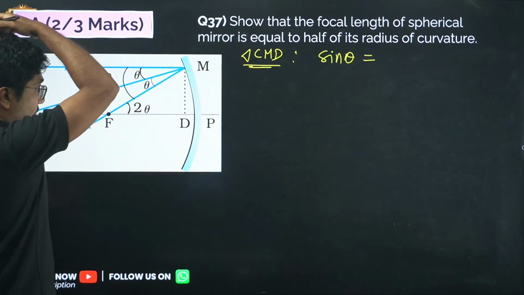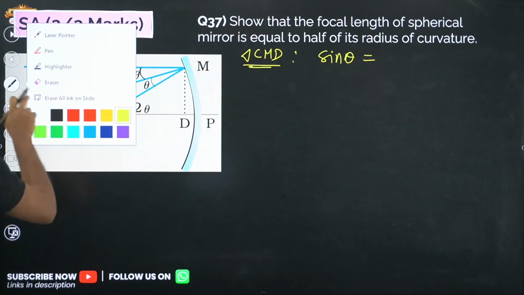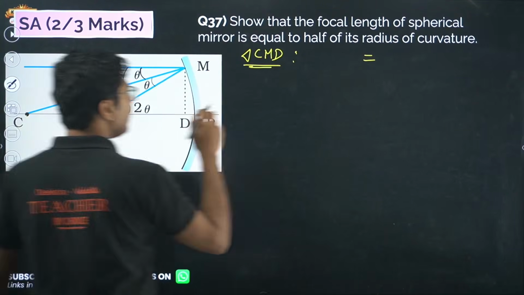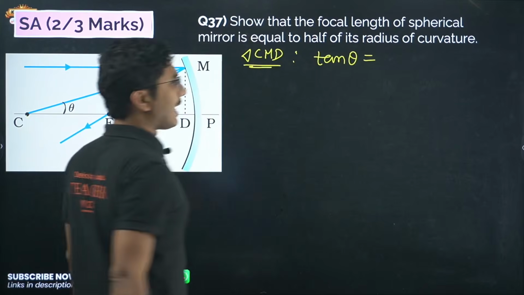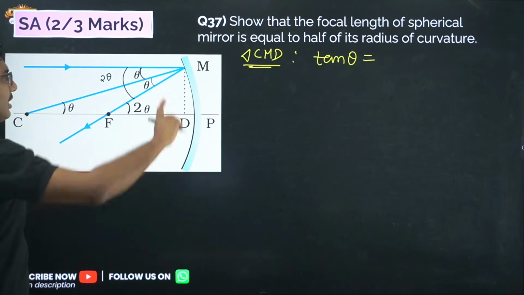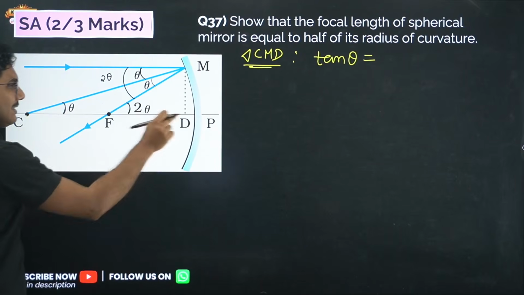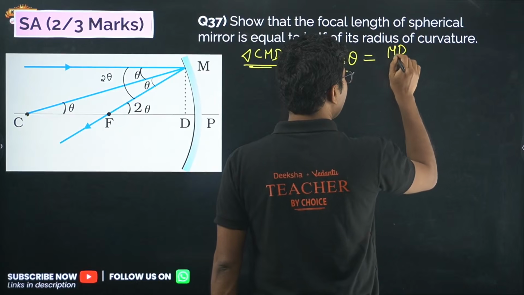But let me not find sine theta, as it can be complicated. Let's find tan theta, which will be easier. Sine and tan, there is not much difference. So tan theta is perpendicular by base. MD is perpendicular for this angle and the base is CD. So tan theta is MD by CD.